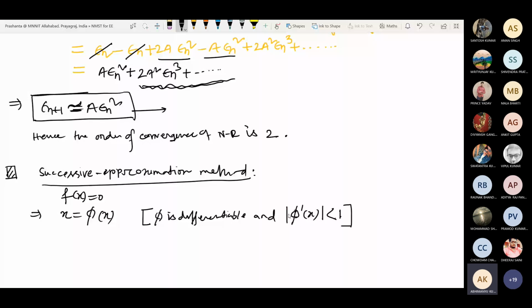Suppose you want to find a root in the interval a, b, then you will choose that phi which is differentiable, and phi dash x is less than 1 for all x belonging to the interval a, b. So that phi will be working.